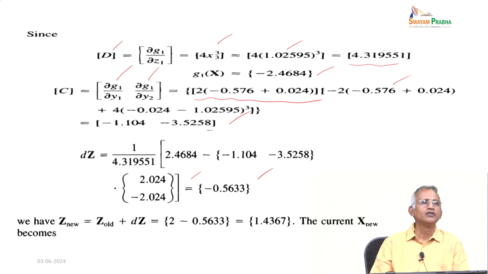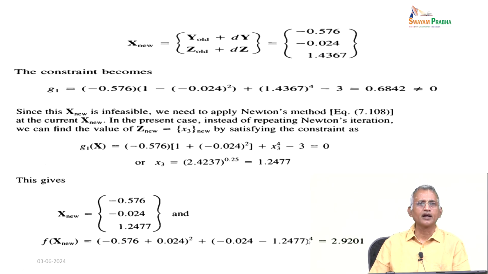So, we have z new equal to z old plus dz, and substitute it. Z old is nothing but 2 and dz we just got, and subtracting it, you get 1.4367. Therefore, the current new value is y old plus dy and z old plus dz.